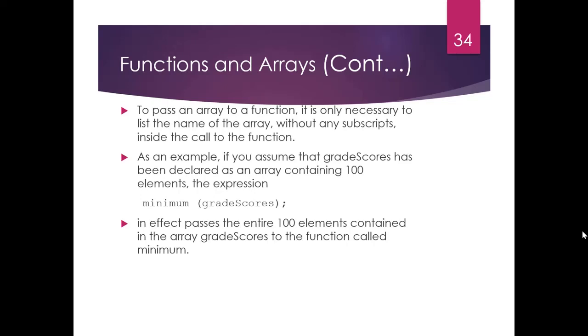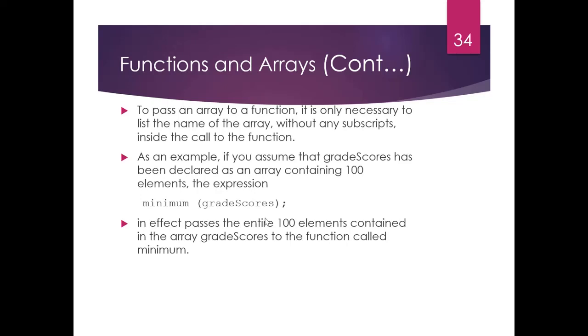Then the expression should be like this: minimum is a function and gradeScores is the name of the array, which consists of 100 elements. This passes the entire 100 elements contained in the array gradeScores to the function called minimum.